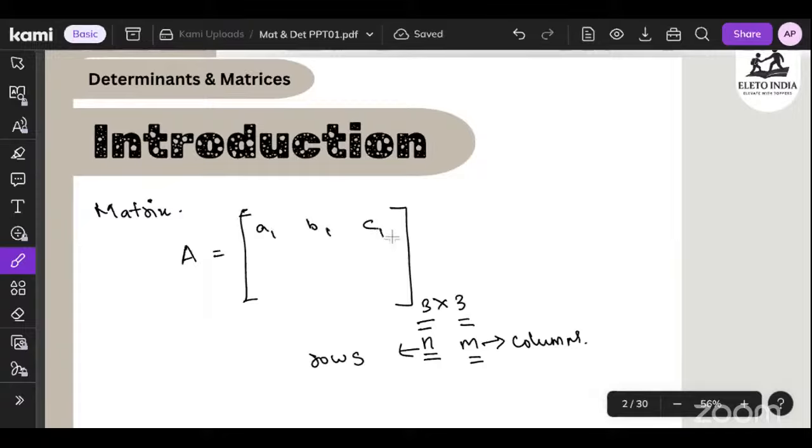Okay, if you are having 3 rows and 3 columns, you will be having a1, b1, c1, 3 elements in the row. This is the column and this will be the row. And a2, b2, c2, a3, b3, c3.